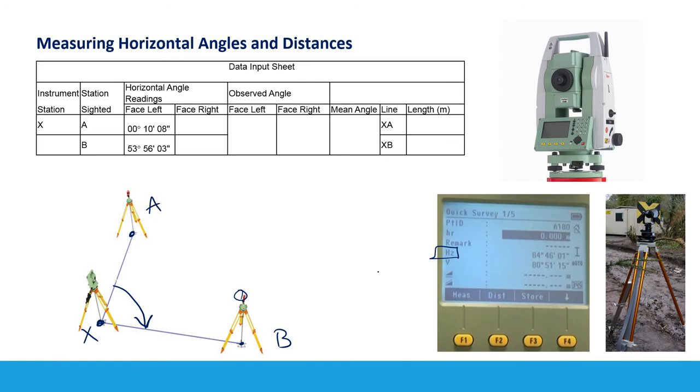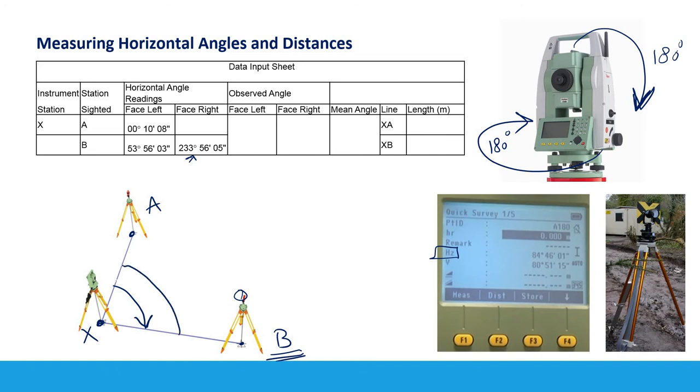At this point I'm going to flip the telescope of the total station by 180 degrees and rotate the total station horizontally by 180 degrees as well, and then resight station B and write down the horizontal angle value here. This is the third measurement here, which is 233 degrees 56 minutes and 5 seconds in this case.